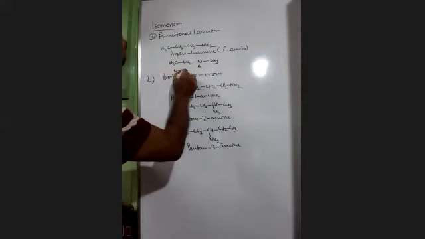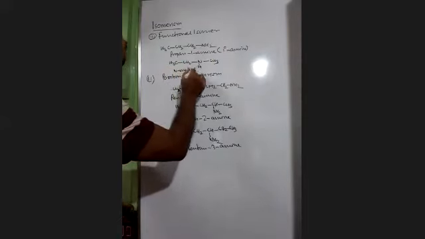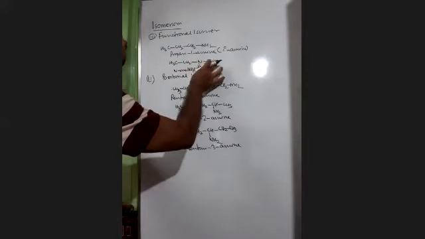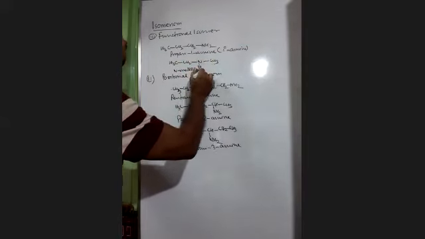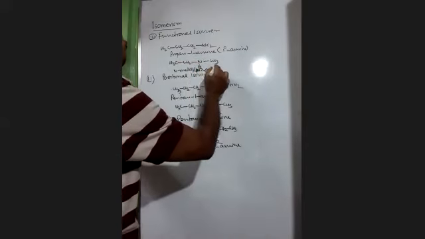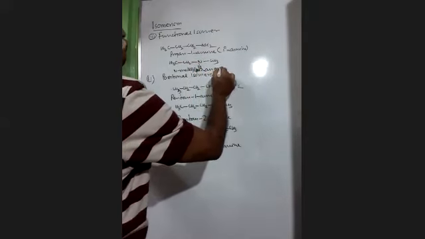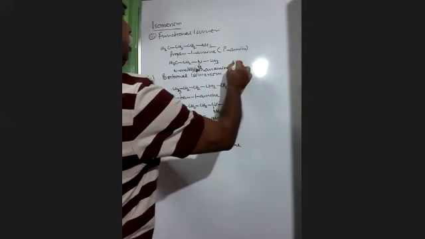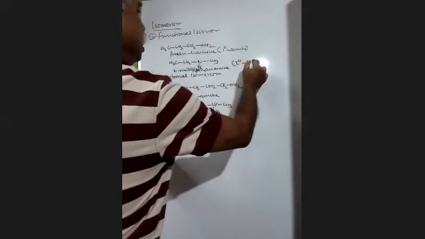This is N-methyl. Sorry, I will not put any number here now for 2 carbon. Ethanamine. This is a secondary amine.